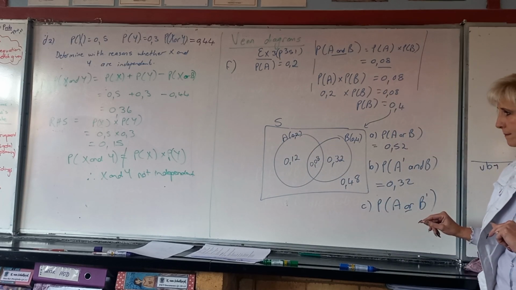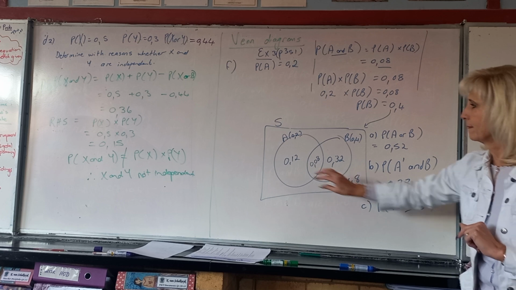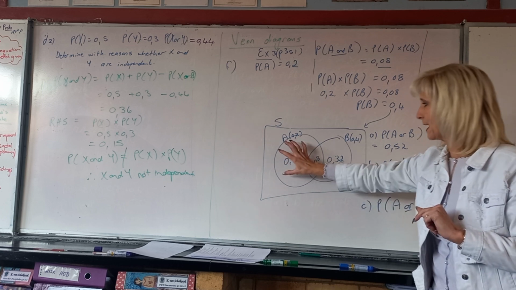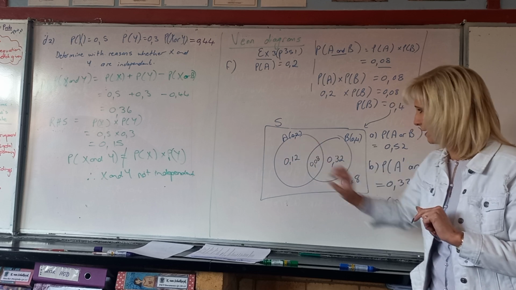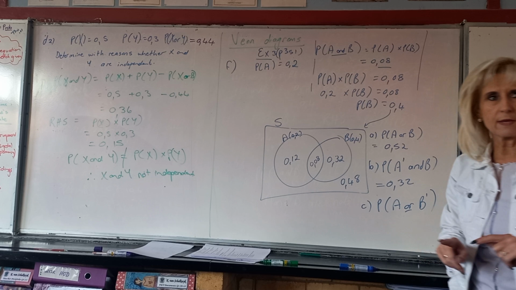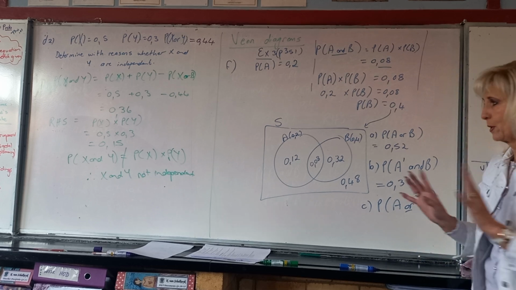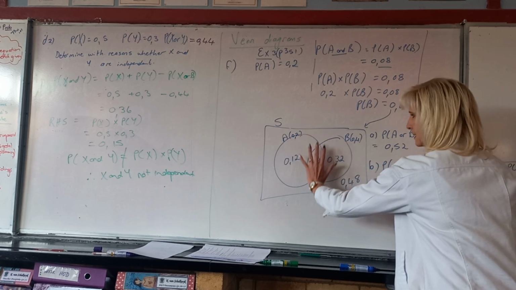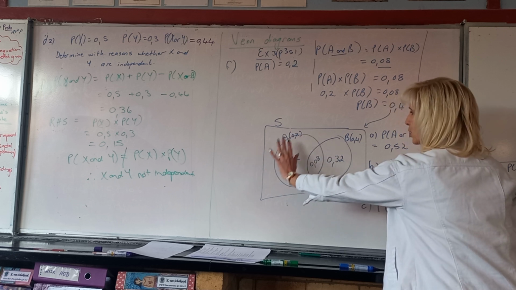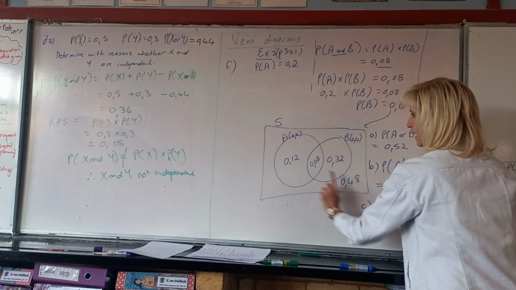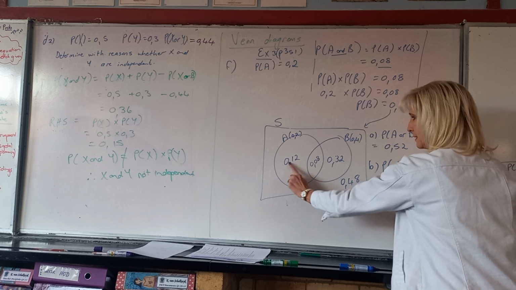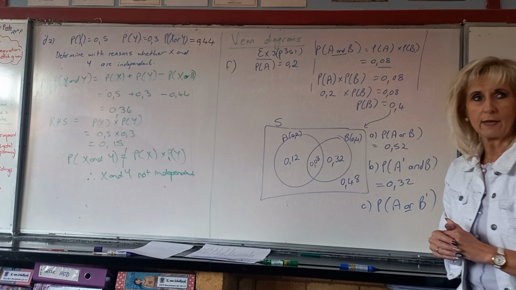So 0,12. Are you with me? So if it's A, there's the whole of A. The not B, do you count things twice? So where's A? That's the 0,2. And where's the not B? There and there, but you counted this already. So it means that it's this all added together.